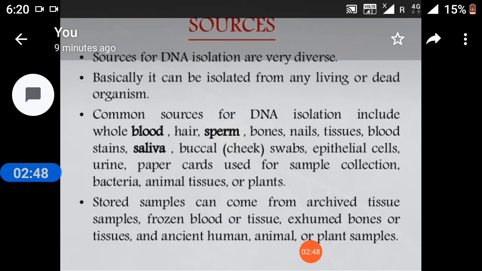Sources of DNA isolation are very diverse. Basically, it can be isolated from any living or dead organism. Common sources of DNA isolation include whole blood, hair, sperm, bones, nails, tissue, blood stains, saliva, buccal epithelial cells, urine, paper cuts used for sample collection, bacteria, animal tissue, or plants.